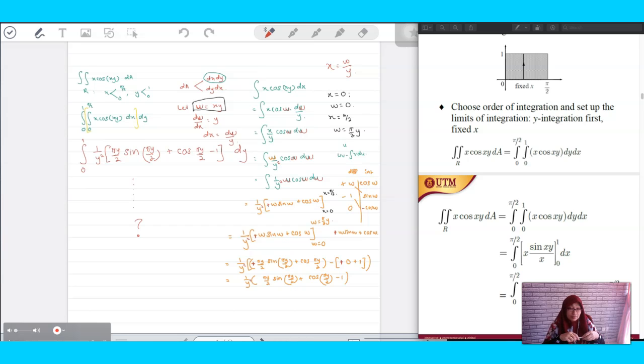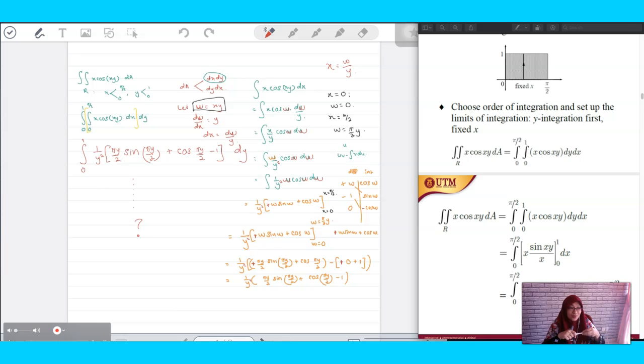I got so many questions from my previous class of this subject. The students were asking me, how can we know that this particular integrand cannot be solved by a specific order of integration?